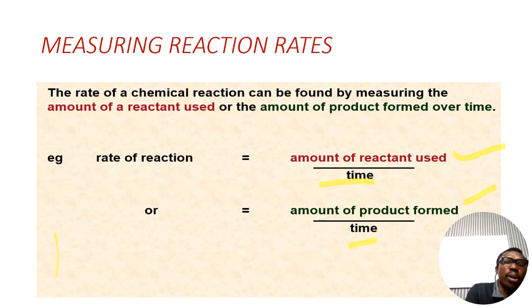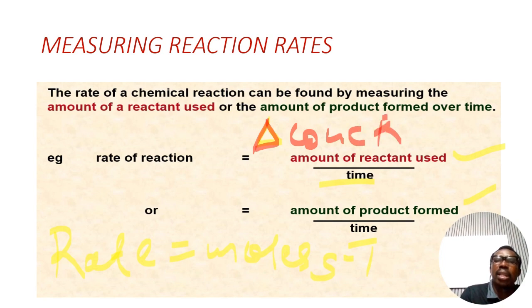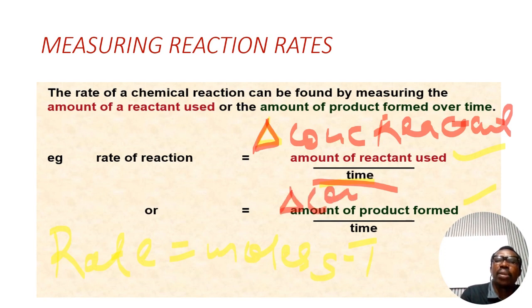If you talk about the rate of reaction, it equals the amount of reactant used over time. Amount is in moles and time is in seconds, so the unit will be mole per second. Or you can decide to measure the change in concentration of the reactant over time, or the change in concentration of the product, because the product will increase in concentration while the reactant will decrease in concentration.